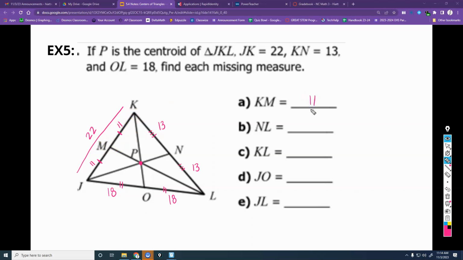NL is 13. KL is going to be the full length of this side right here, so 13 plus 13 would give us 26. JO is 18. JL would be all the way across that bottom side, which would be 18 plus 18, so 36 for those.